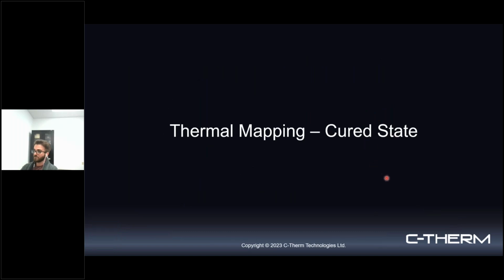All right, so I wanted to go into a few case examples of how the sensor can be used in testing some of these materials. The first one here will be looking at thermal mapping of a sample in a cured state. So this is not necessarily looking at the processing of the sample when it's in its uncured resin form. We're now looking at it in its final state.